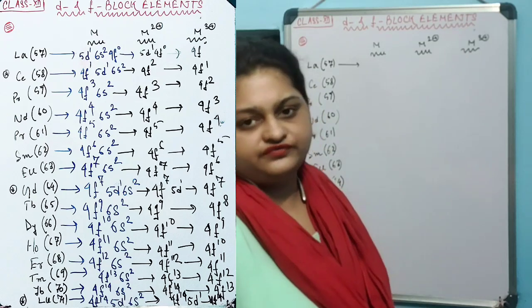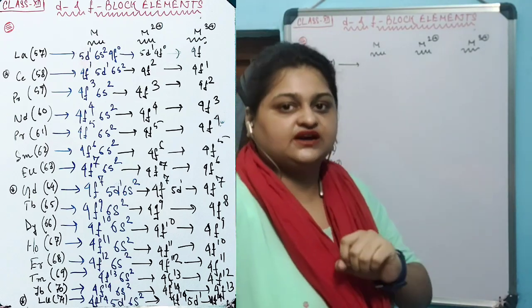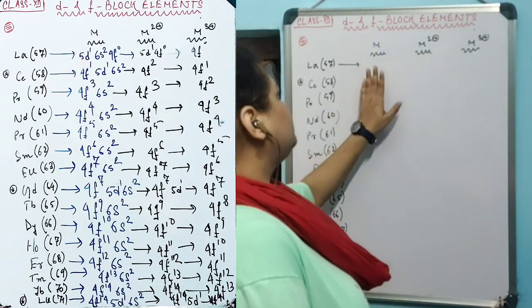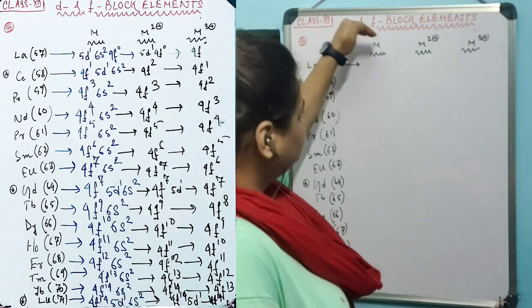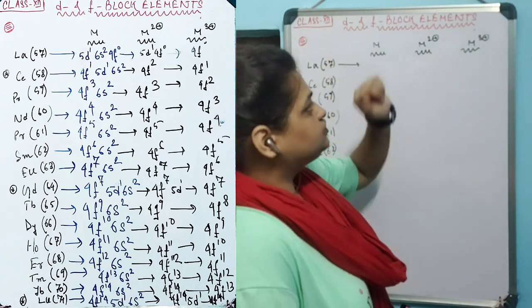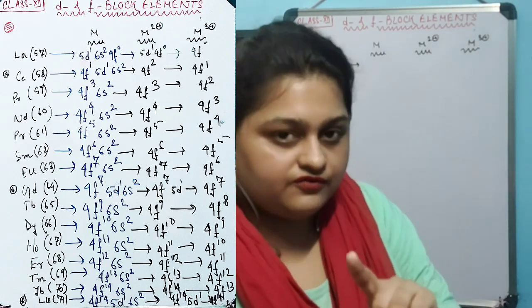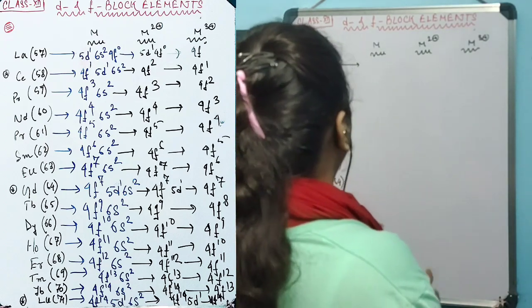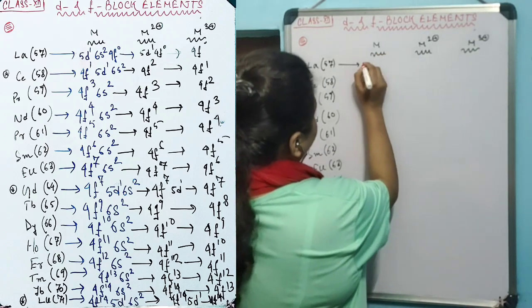Now, in this discussion we are going to discuss the electronic configuration of these 14 plus lanthanum at their neutral stage, at their +2 oxidation state, and in the +3 oxidation state. First, let's see the electronic configuration of the lanthanoids in the neutral state.